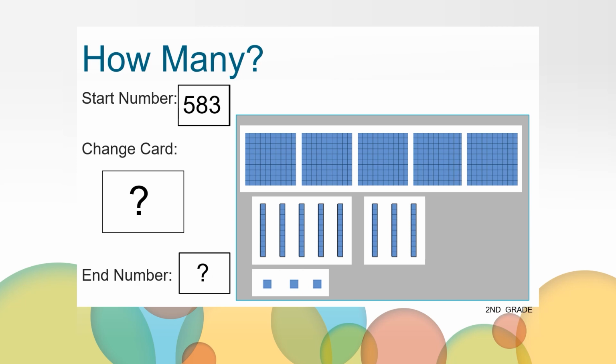We start with 583 and we take away 10. What is our end number? 573. Our start number is 573, and we're going to take away 10 again. Where will we end?